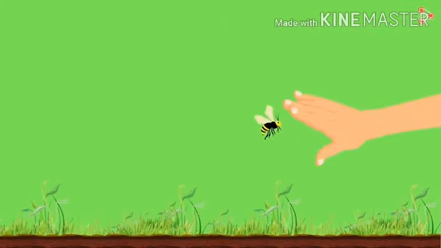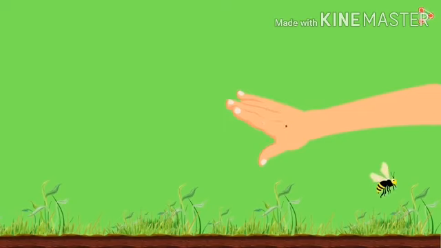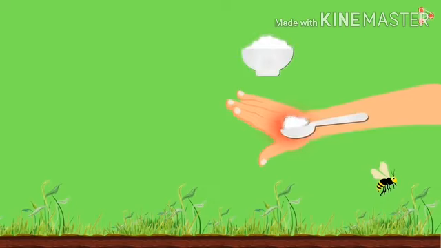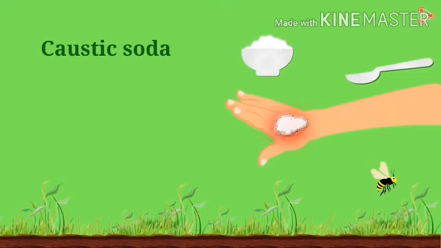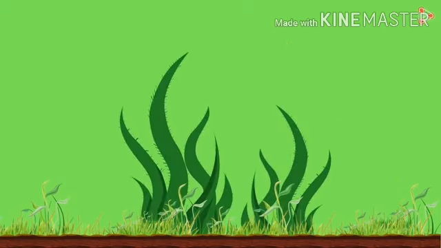Next, when a bee stings our hand, what will happen? We will feel irritation and pain. It is because the bee sting has certain acid in it, so it injects acid into our hands. So what is the remedy for it? Apply some caustic soda, some base, over it, so it will neutralize the acid and relieve the pain.